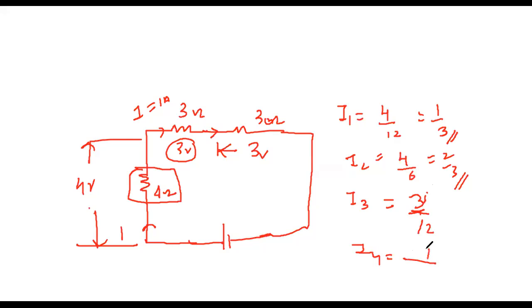Current in the 4 ohm is 4 by 12, so this is 1 by 3. Followed all the current distribution? 4 3s are 12, 4 2s are 12. So we got current V by R: V is 3, R is 12; V is 3, R is 12; V is 3, R is 4, so 3 by 4.